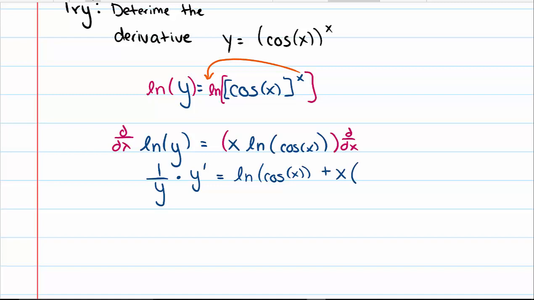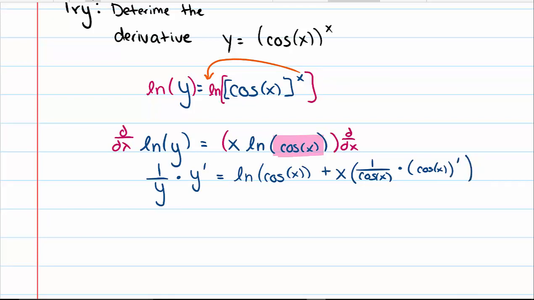So the derivative of ln of cosine of x is, here is the something. This is the inside piece. So it's 1 over the inside piece times the derivative of that said inside piece. So the derivative of cosine of x. Okay?